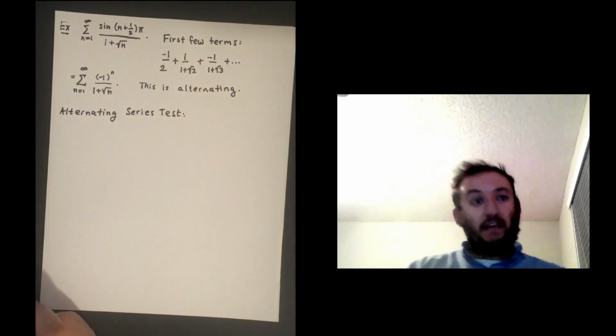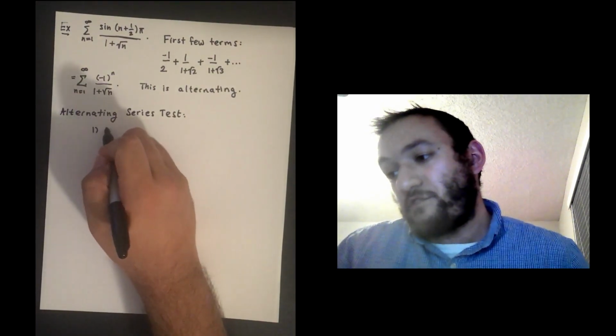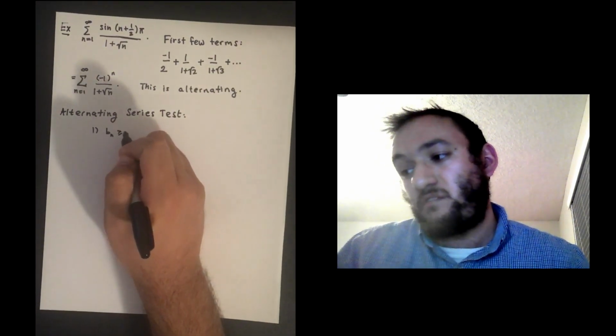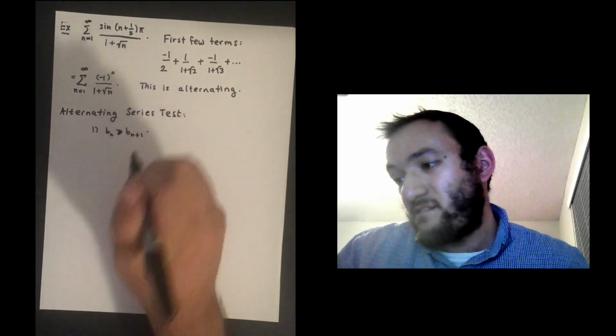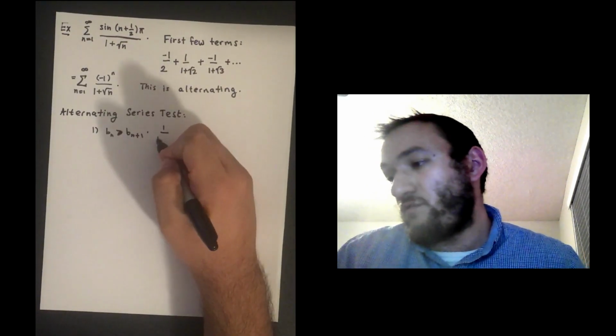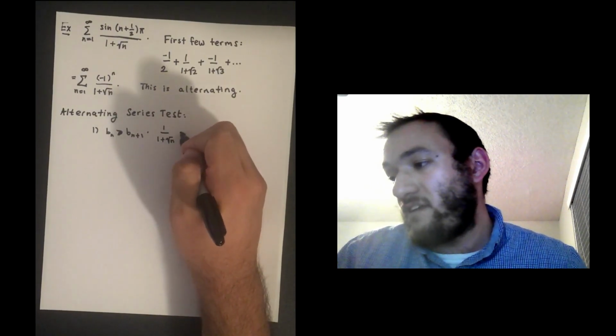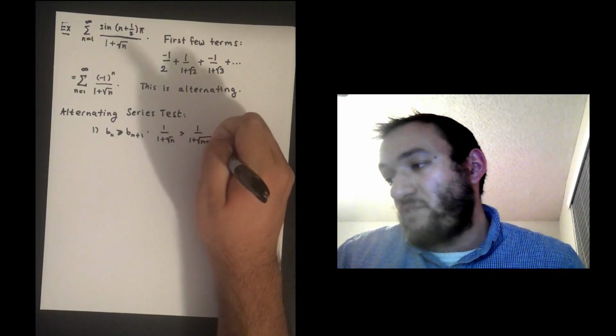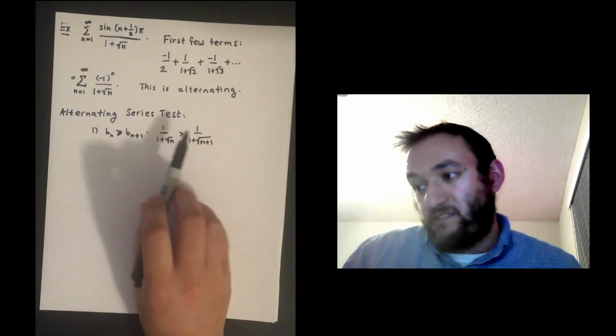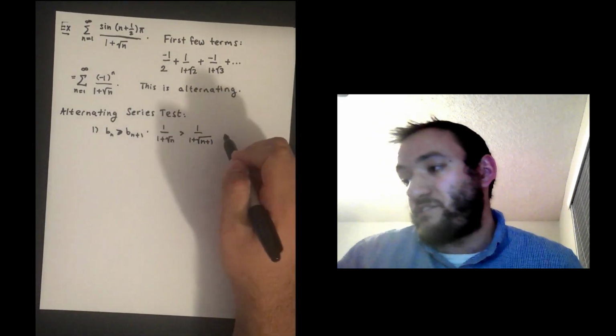Okay, once again, we just need first that bn is strictly greater than bn plus 1, and indeed 1 over 1 plus root n is greater than 1 over 1 plus root n plus 1, based on the fact that this denominator is larger.